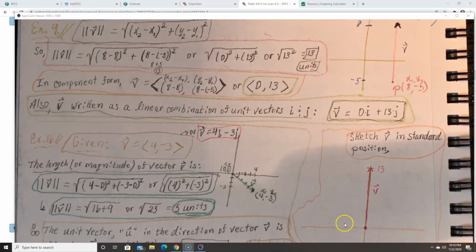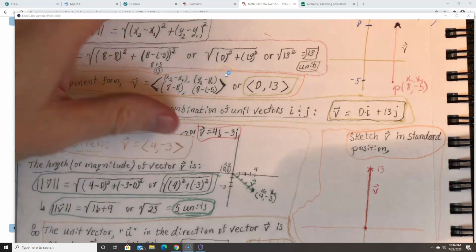Now that was easy to see because it was vertical. You can also do this. Use this formula to put a directed line segment or a vector into standard position. To get the horizontal component value and the vertical component value, you do the same thing we did with the distance formula.